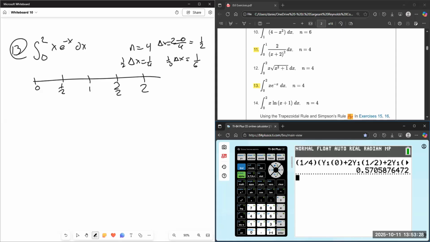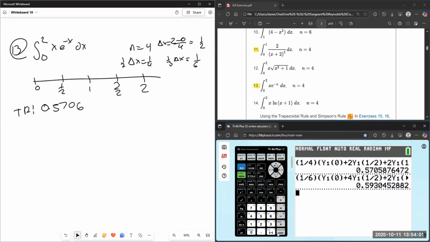Trapezoidal rule is going to give me 0.5706. And then I'll modify Simpson's rule here to give me 1/6 of, and this is a 4, it's a 2, it's a 4.